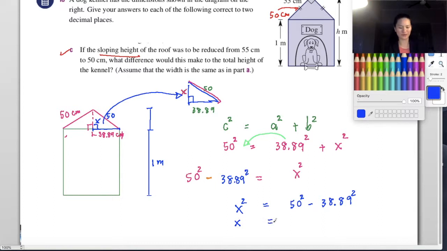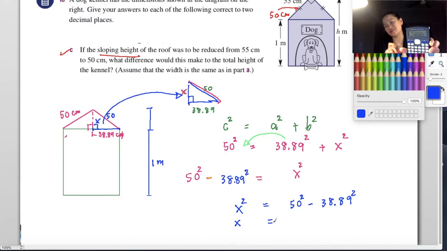What I do is paste 50 squared here. Okay, let's do it together: 50 squared minus 38.89 squared. Then it equals this number already.